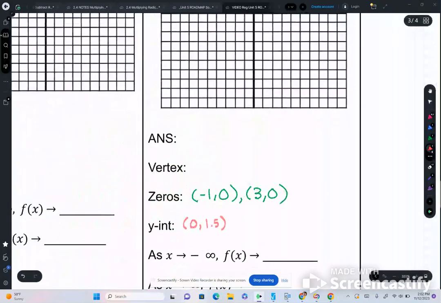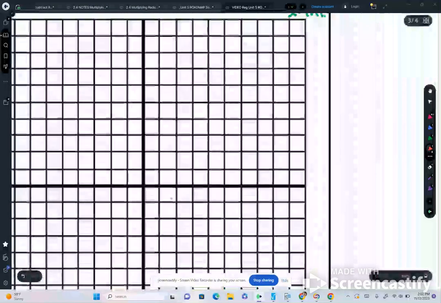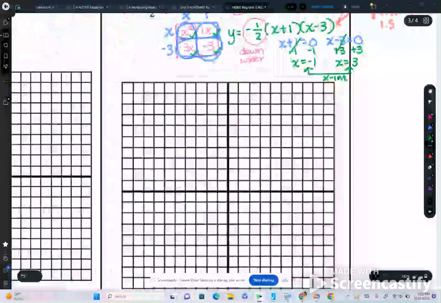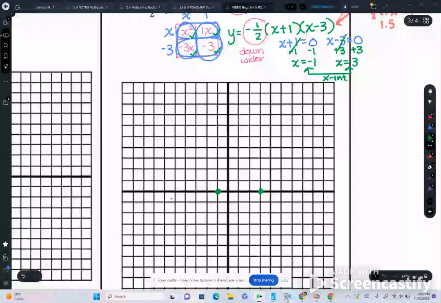All right, and then we're going to look for our vertex. And so let's first graph our values. So we have our x-intercepts being at -1 and 3. And we also have our y-intercept being at 1.5, which we can hang on to in just a second, but 1.5 would be about here. All right, so to find our vertex, just like we did before, we want to find what is halfway in between these two values.